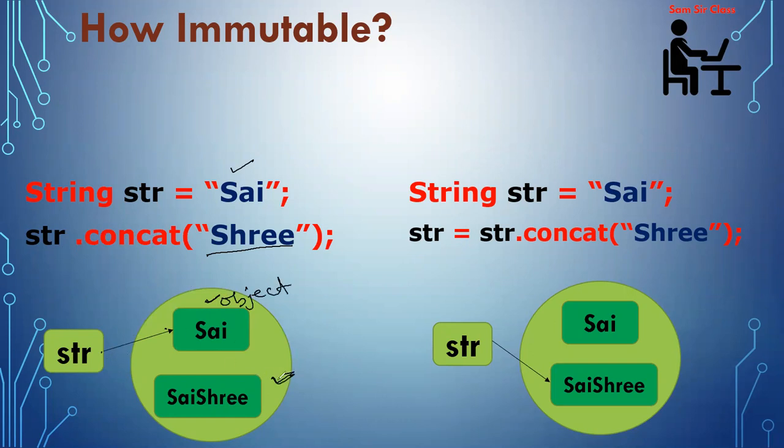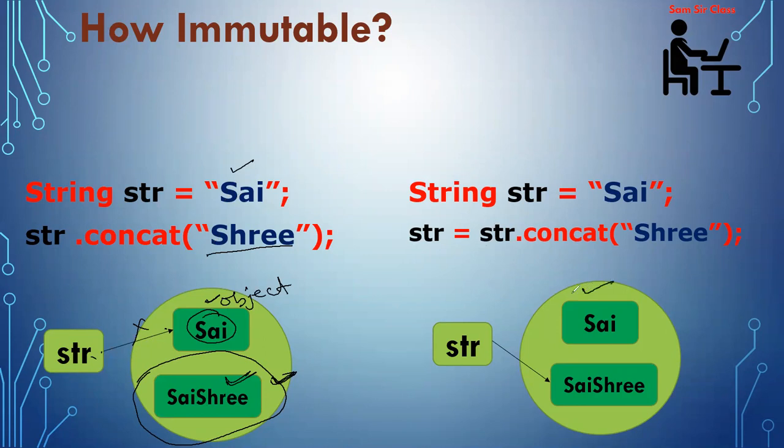Now one more object is also created with the concatenated value size3. Clear? But str remains pointing to the same object. The value of str you are not changing. You are creating another object, but the previous value of str is not going to be changed. This is what immutable means.